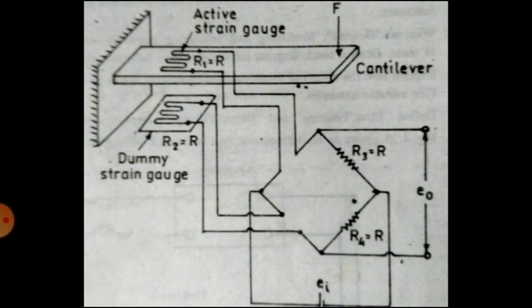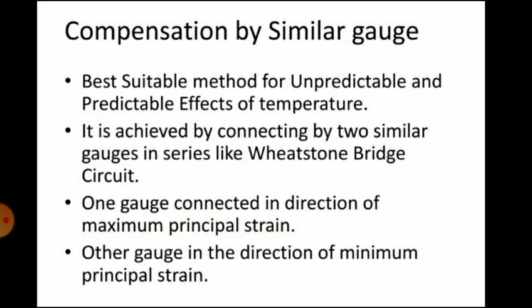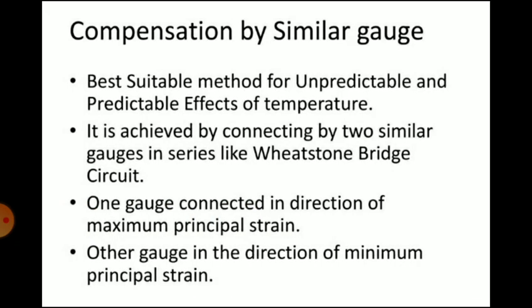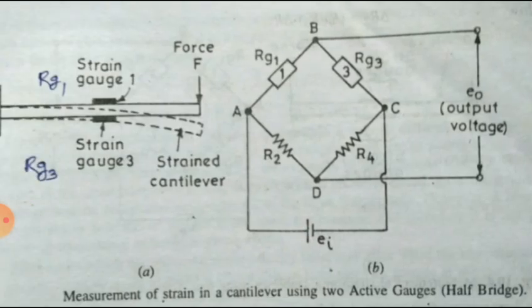The change in resistance in R1 and in R2 due to temperature change should be equal, and therefore there will be no output due to changes in ambient temperature, because that will be cancelled out due to the dummy gauge. Then second, compensation by similar gauges. In that, first we will see use of two active gauges in adjacent arm, that is also called half bridge arrangement.